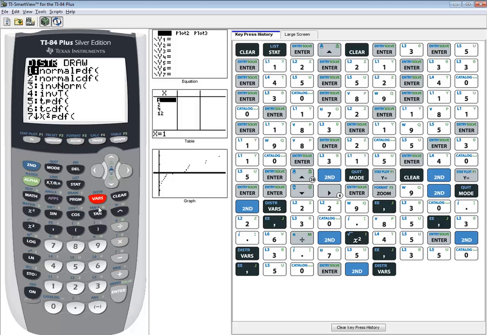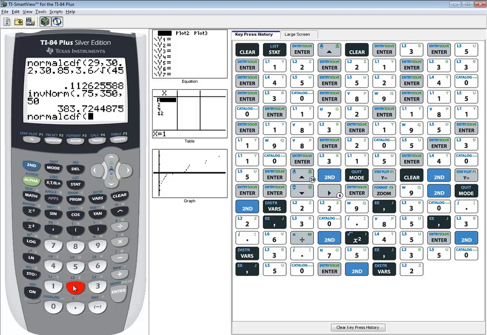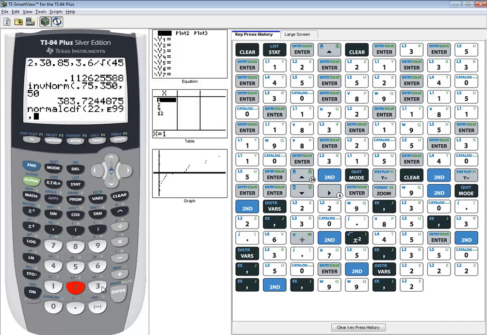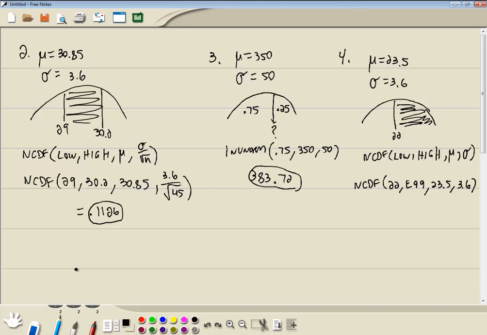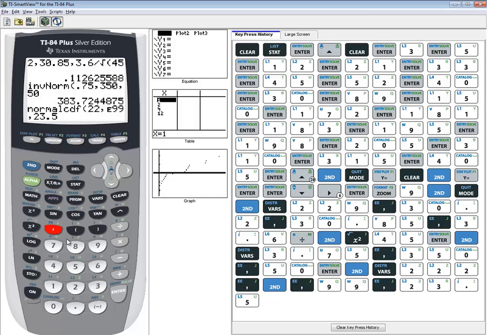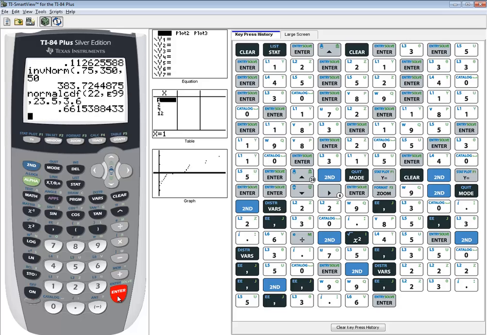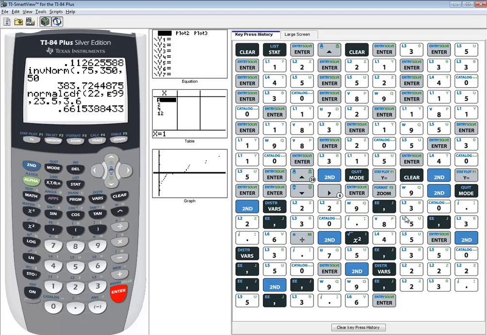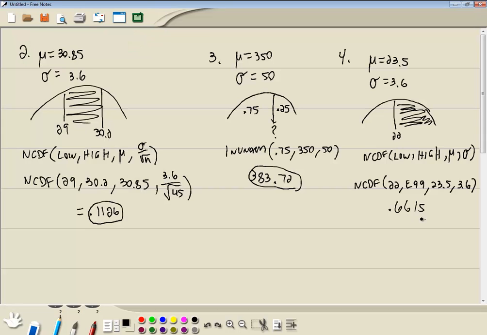So do second vars, do normal CDF, 22, comma, then second, comma, 99, comma, 23.5, comma, 3.6. Enter. And we get 0.6615. And that'd be our answer.